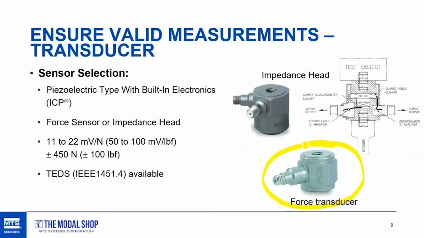So those impedance heads are very popular. They typically measure up to 50 pounds force, or about 200 newtons. Many of those sensors are also available with TEDS, so they are plug and play when you connect them to a data acquisition system that supports TEDS capability.